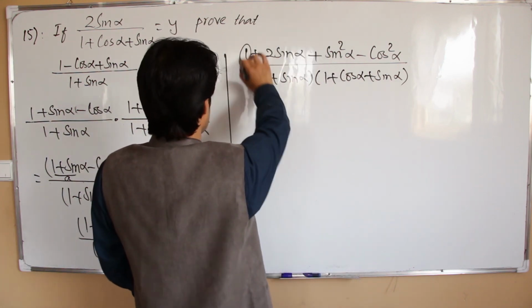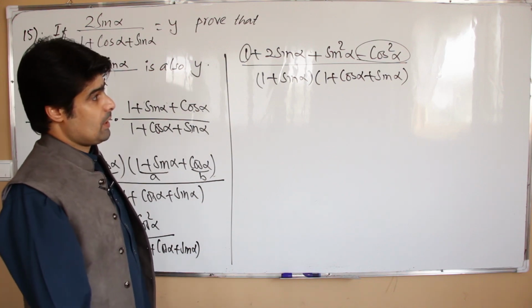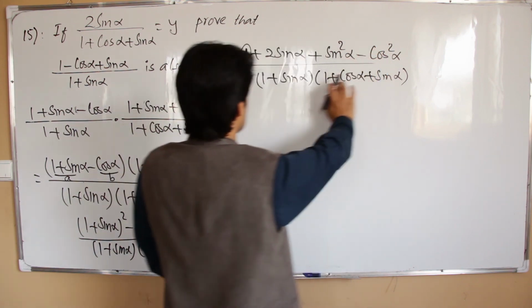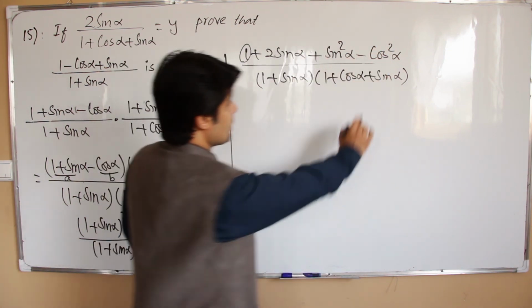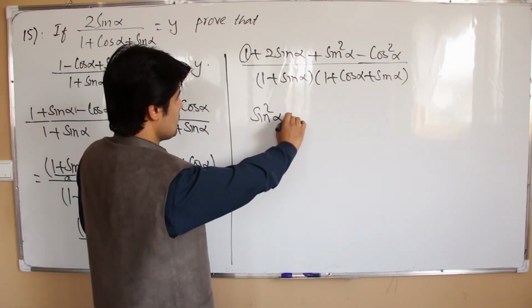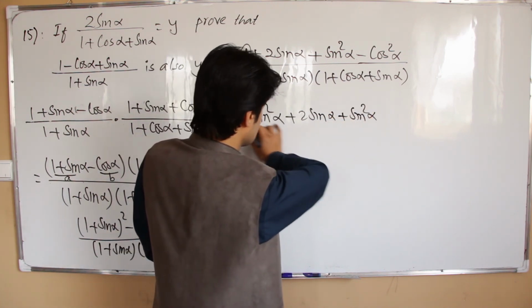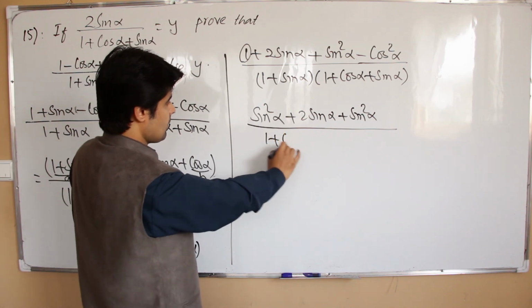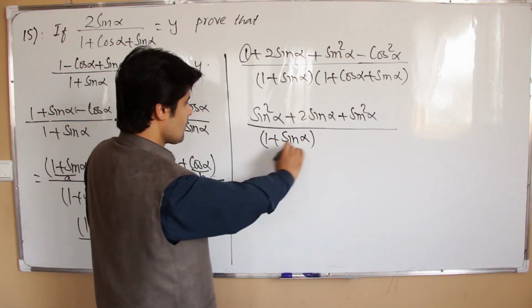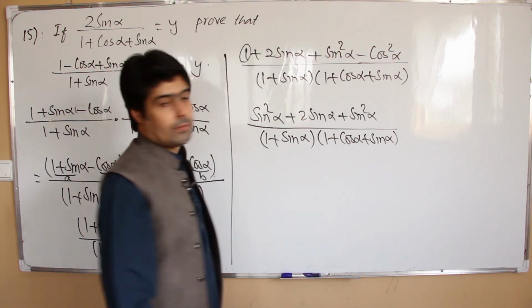Now listen, 1 minus cosine square of alpha, it is what? It is sine square. So we have sine square of alpha plus 2 sine alpha plus sine square of alpha, divided by 1 plus sine alpha multiplied by 1 plus cosine alpha plus sine alpha.